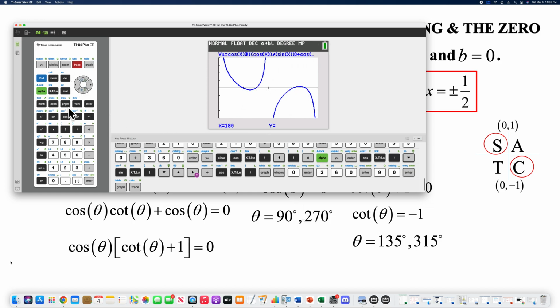You can hit trace, type in the 90, y is 0, type in the 270, y is 0, type in the 135, y is 0, type in the 315, y equals 0. So that justifies your work.